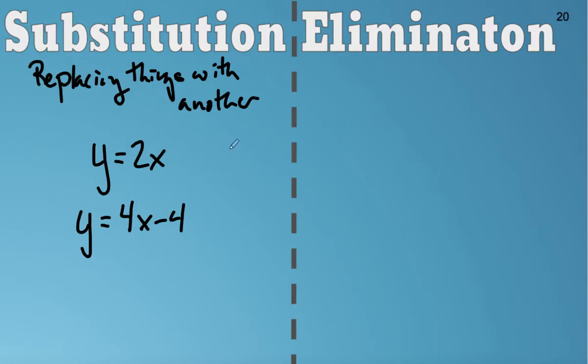Now it doesn't seem like we could necessarily substitute right away, but remember, y has to be the same in both equations, and since we're telling ourselves that y is the same as 2x, we can kind of cut out the middleman here and say, oh, well, I could just replace and say 2x is the same thing as 4x minus 4.